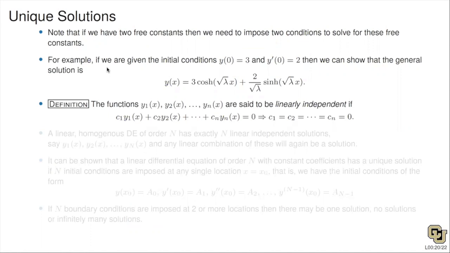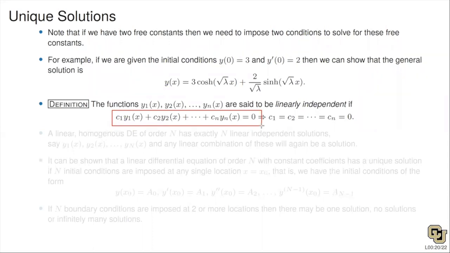So linear independence, I've already mentioned it. Maybe I should have given this definition first, just to remind you of the definition of linear independence. The idea behind linearly independent is that if you think about two functions, they're not really overlapping, they're not covering the same ground. The technical definition is that any linear combination, c1 times y1 of x, all the way up to cn yn of x, equal to 0 for all x. That part's really important.